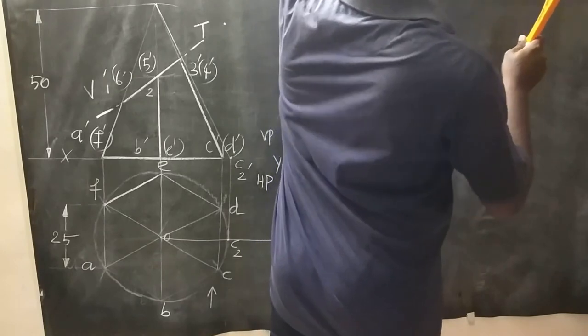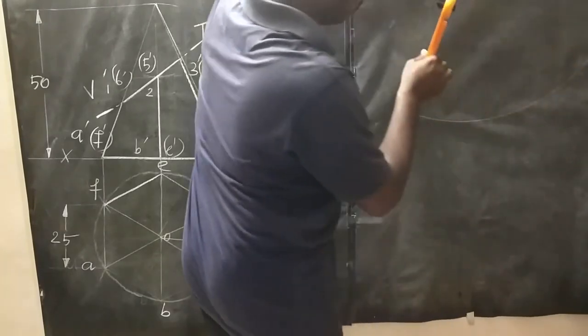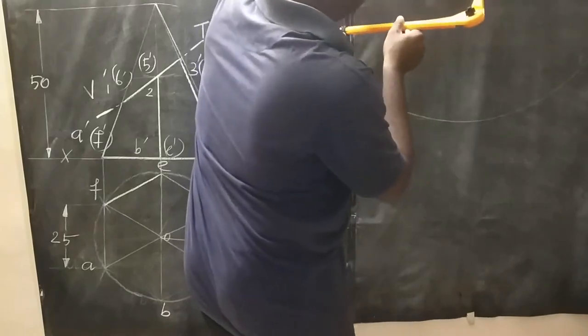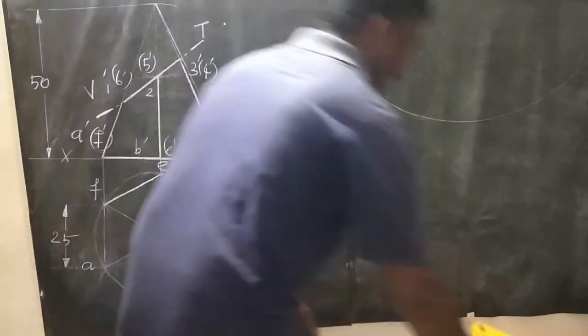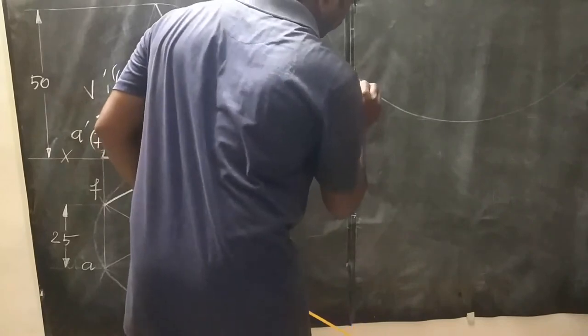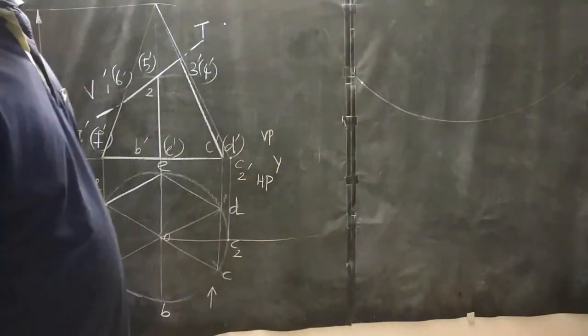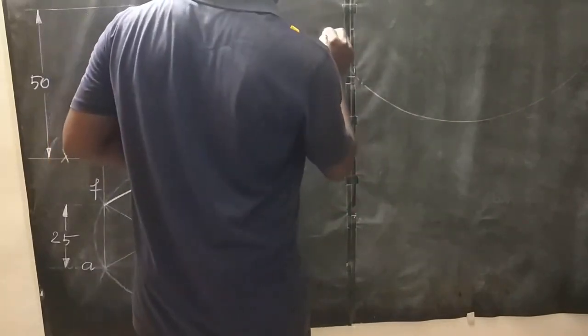Then draw one arc to some distance. No problem. Then randomly take one point on the circle circumference. I will take here.